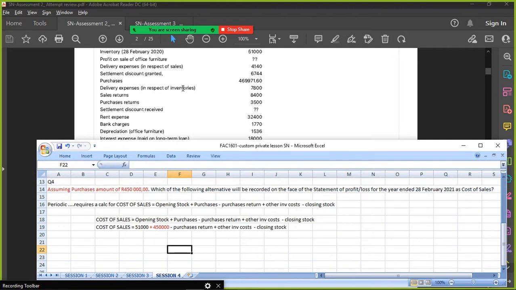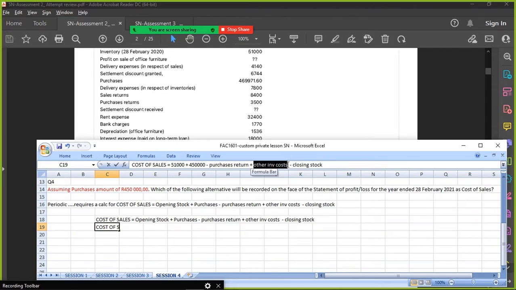Delivery expenses in respect of inventory, that would be other costs that you would include here. This would be like carriage on purchases. Does that make sense? Yeah. Okay, sales returns, there's purchase returns, 3.5. Okay, settlement discount received.